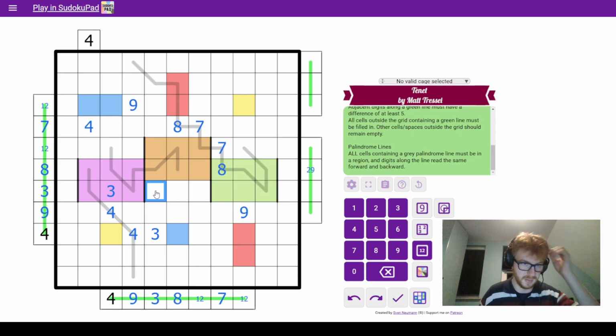So that could be a 7. If that's a 2, that's a 7. So what is that then? Not a 7. It could be an 8 or a 9. 9 will go there and there, which is fine. Sadly, okay. Yeah, that does work. And with a 9, you have plenty of options. Just not a 1.